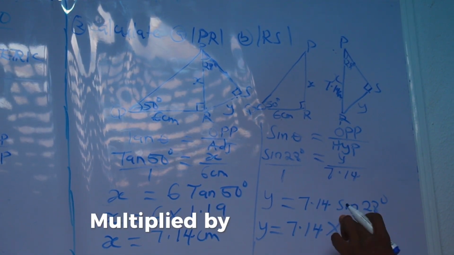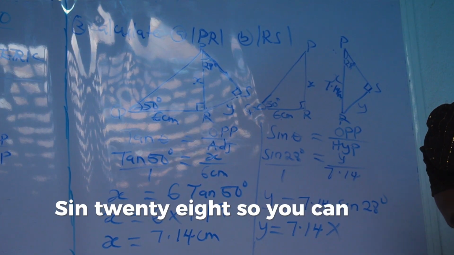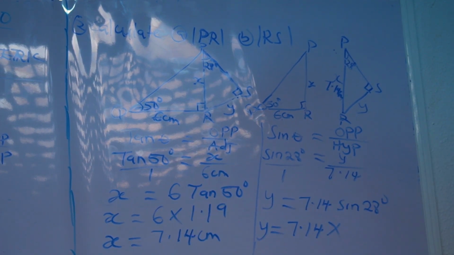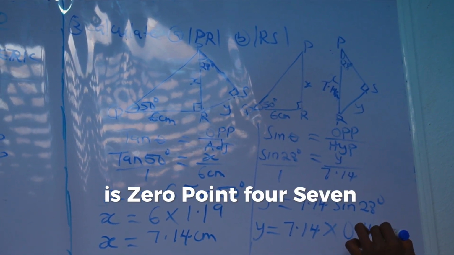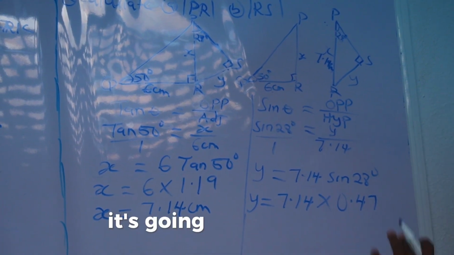So our y is equal to 7.14 multiplied by, go and check sine 28. You can type it to your calculator, sine 28, or you check your formula table. So sine 28 is 0.47 approximately. If you round it up to 2 decimal places, it's going to give us this.